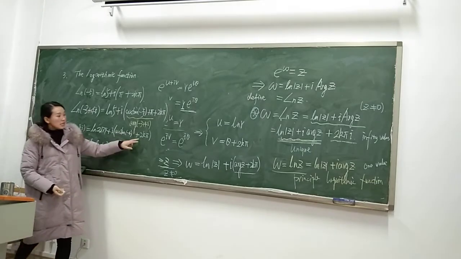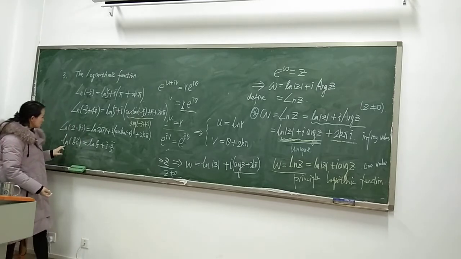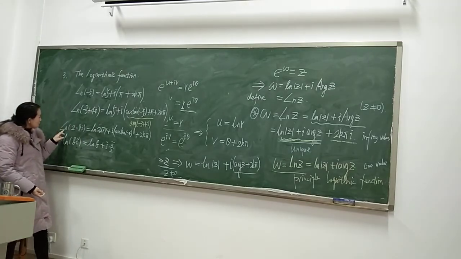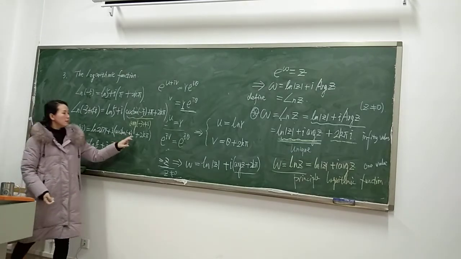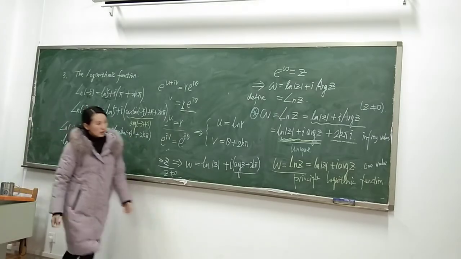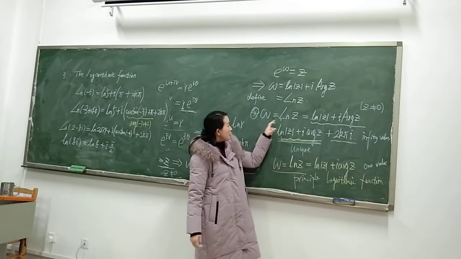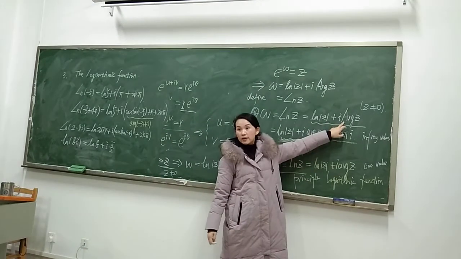Not needed plus 2k pi because here is small. But if here is big, you must add 2k pi. Understand? If here is small, here is small. If here is big, here is big.